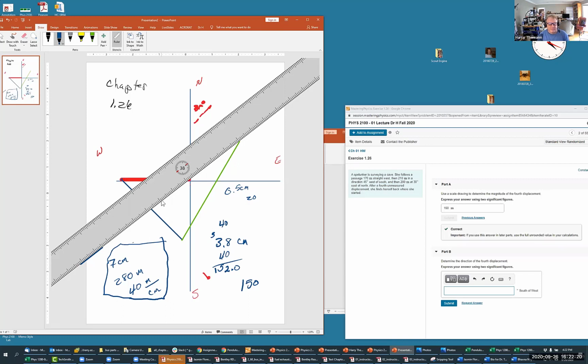First thing was the axes, the directions, and then it said 45 degrees east of south.